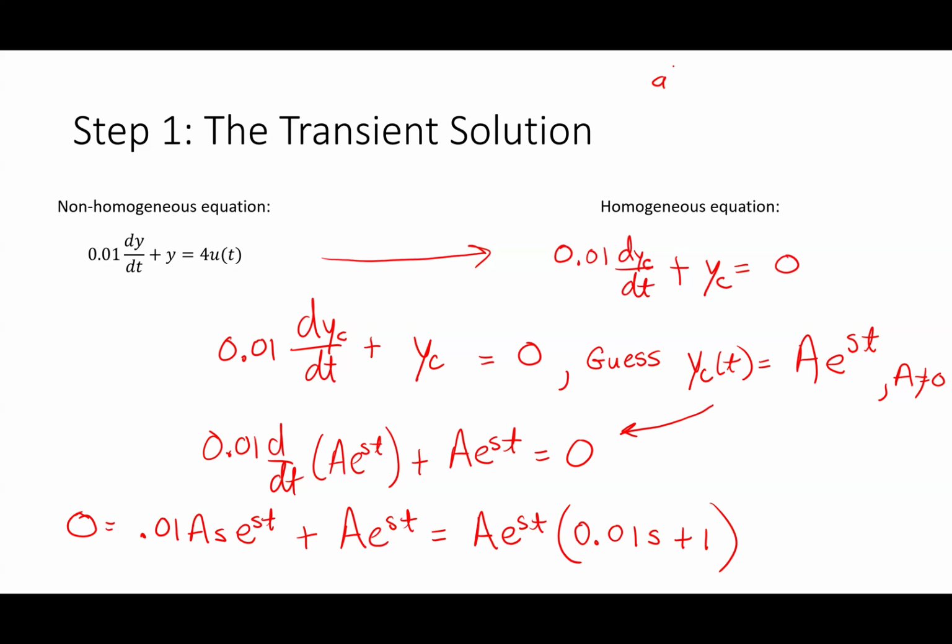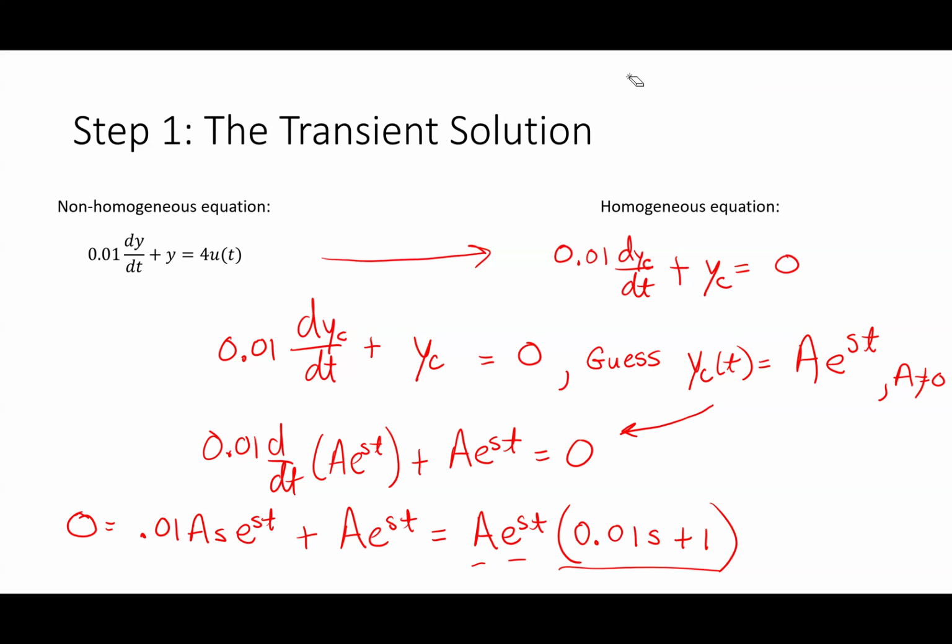Now, what I just wrote here is like A times B times C equal to 0. Any one of those three things could be equal to 0 to make that equation 0. That's three things multiplying each other, and only one of those could ever be 0. Which one? A? I said that would be a really stupid guess. If I said A was equal to 0 in my guess, I guess the transient was 0. It's a dumb guess.